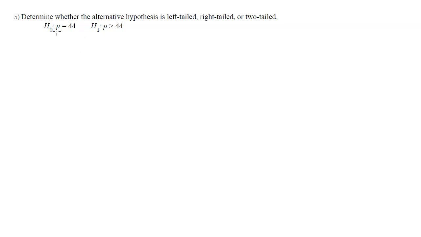Number 5 now, we have to determine whether the alternative hypothesis is left-tailed, right-tailed, or two-tailed. So I'll start off by saying H sub 0 is the null hypothesis.